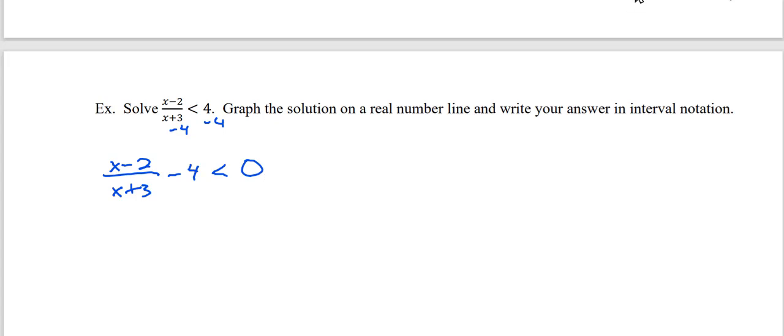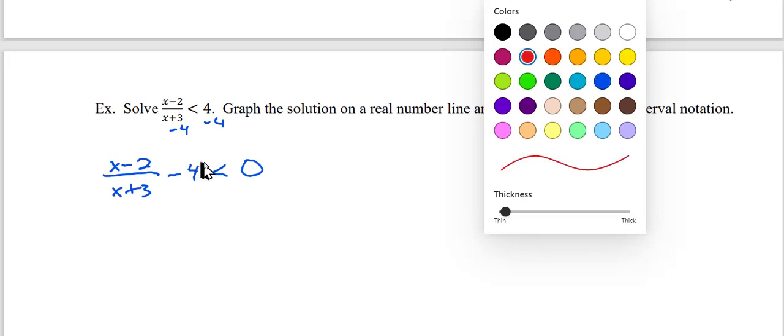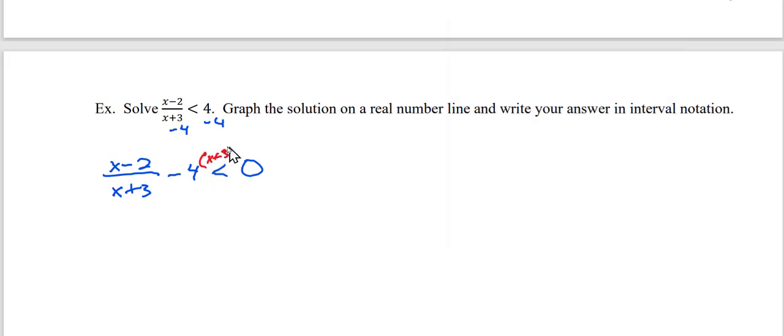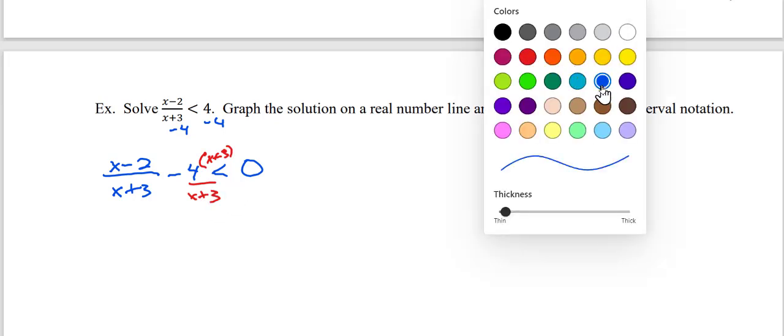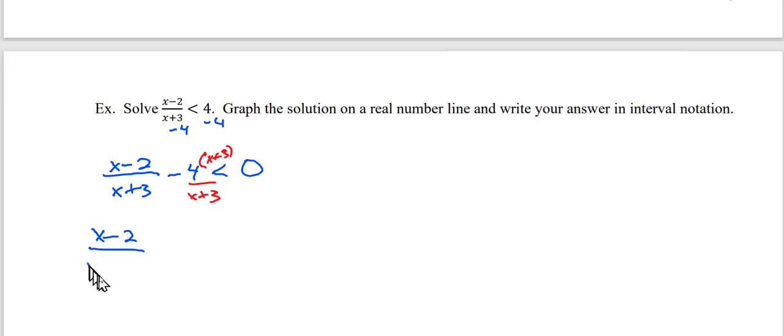That means I need to rewrite this, which means I'm going to get a common denominator and multiply by (x plus 3) over (x plus 3). x minus 2 over x plus 3 minus (4x plus 12) over x plus 3 is still less than 0.